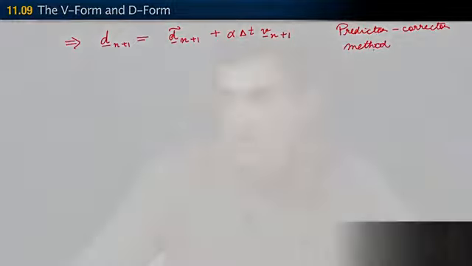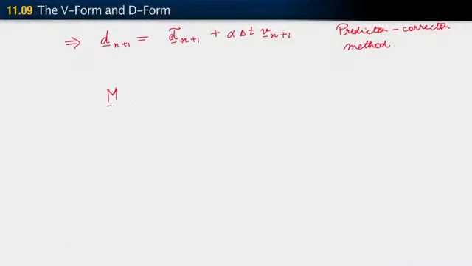Okay, so this is a predictor-corrector method. This V method that I'm talking about is one where what we do is return to our time-discretized ODE, right, which is this one, m vn plus 1 plus k dn plus 1 equals f at n plus 1, right? We return to this equation and we try to rewrite it only in terms of V. Okay?